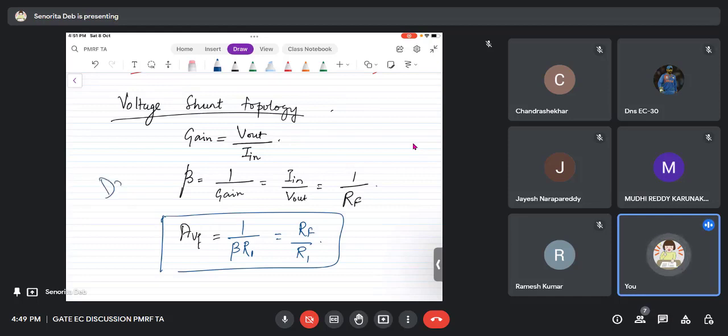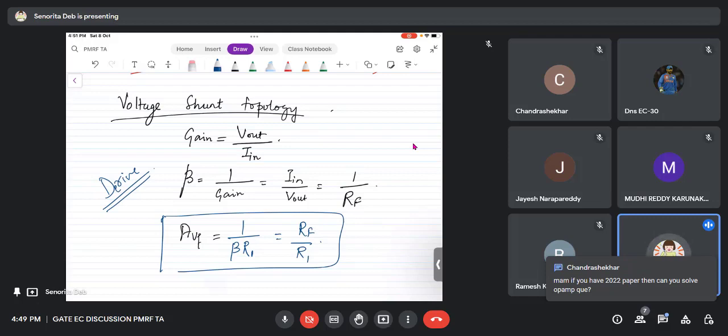Check what the voltage shunt topology is, see how the derivations are done, and try to derive this.